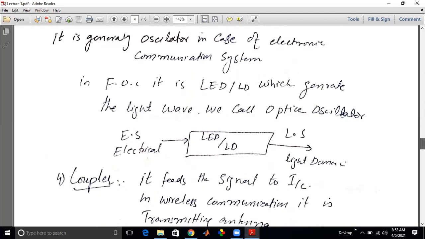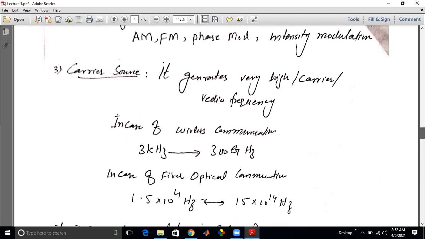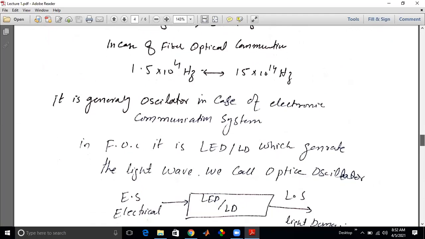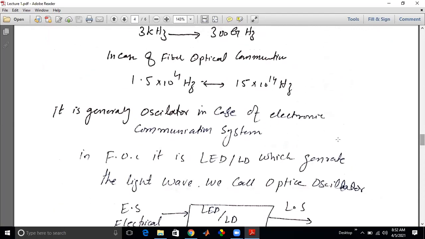This is the function of the carrier source: it will generate a very high intensity light in the case of optical fiber communication, and it will generate a high frequency radio signal in the case of a wireless communication system.